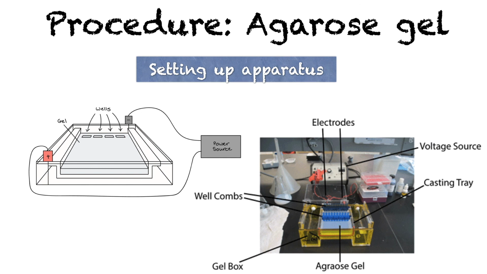DNA and RNA are charged molecules, and they are negatively charged. When they are influenced by an electric field, because they are negatively charged, they move from the negative to the positive side. So to migrate them from the negative to the positive side, we have to load samples near the negative electrode.